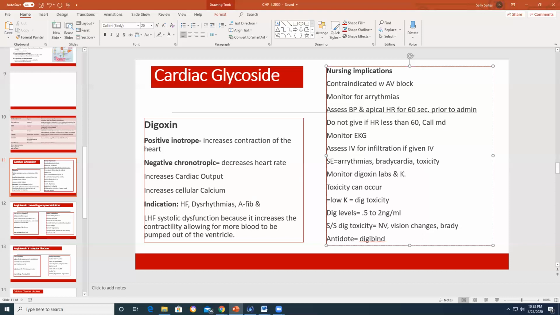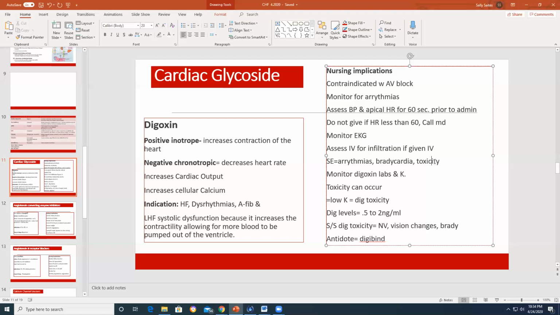What I'm trying to say is we can look at things like their labs, for example. We can kind of sidestep it. We can prevent it from happening if we're monitoring them properly. So one of the key signs is hypokalemia. So if we're looking at that lab and we have like a really low potassium level or consistently on the lower side, we might want to get a DIG level because hypokalemia can cause DIG toxicity.